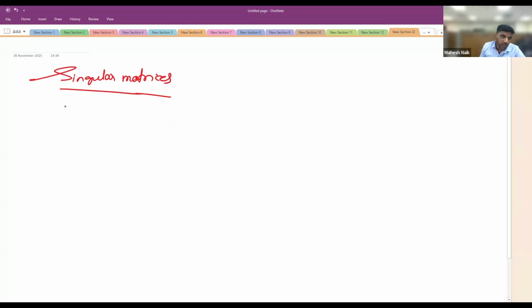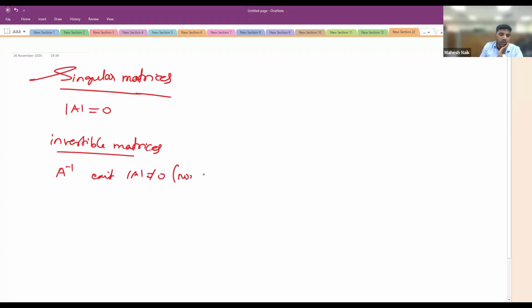Before that, we'll talk about singular matrices, which are matrices with determinant equal to 0. Singular we have already seen, so invertible matrices. The inverse of a matrix will exist only if the determinant is not equal to 0, so the matrix should be non-singular.